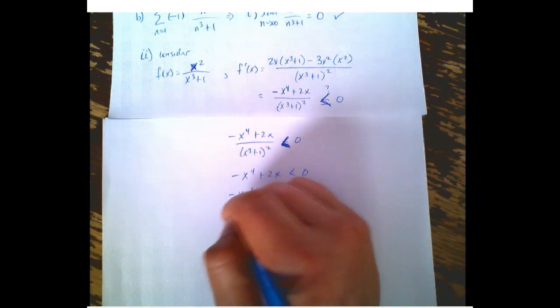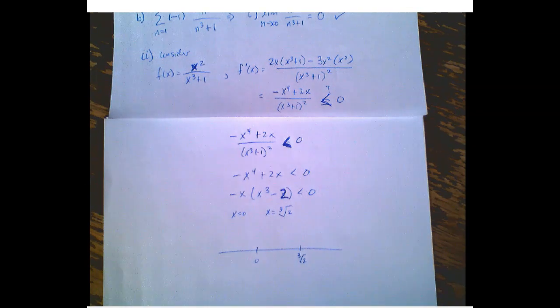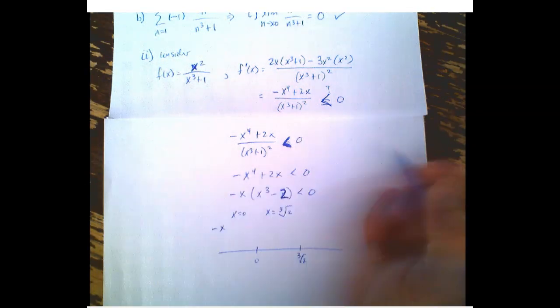So for what values of x is this equal to 0? Well, it's equal to 0 when x is 0, or x is the cube root of 2, right? So I'm going to do a sign test. 0, cube root of 2, let's say is there. So we'll be looking at negative x and x cubed minus 2.